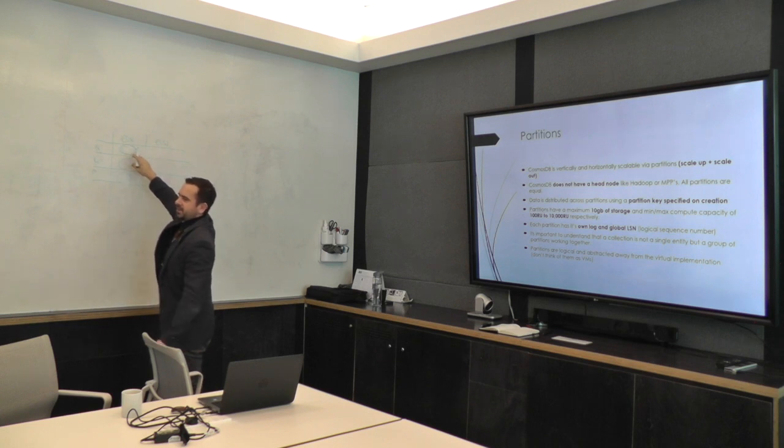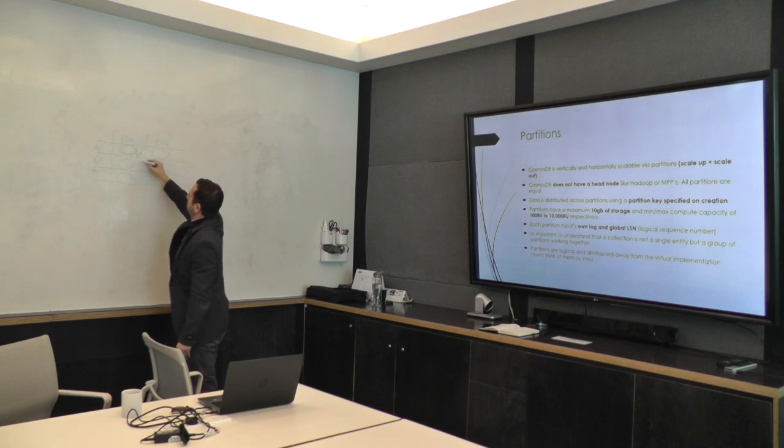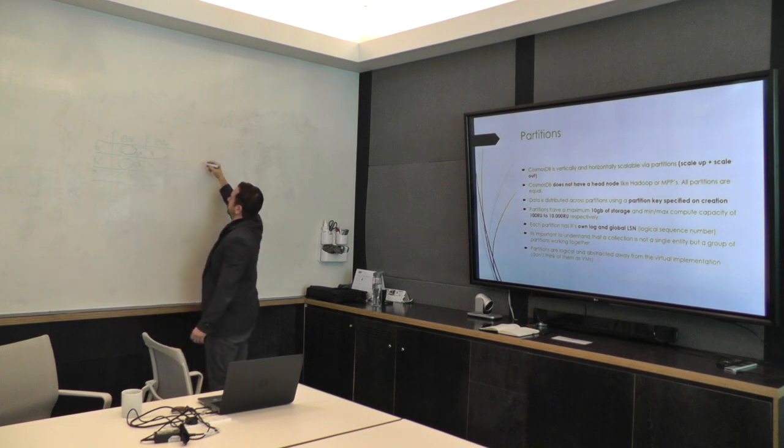So let's imagine I've got customers, and logically I've got customers A to K here, and then L to R, S to Z. So I'm splitting it across the partitions. And this data is also being replicated to the other region to give us redundancy and durability. And each one of these partitions is 10 gigabytes of storage, etc.